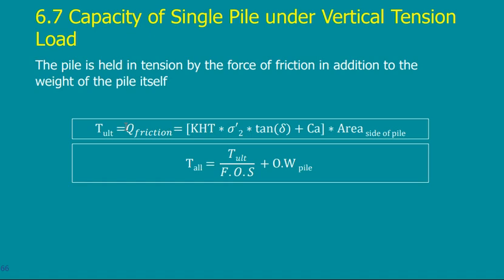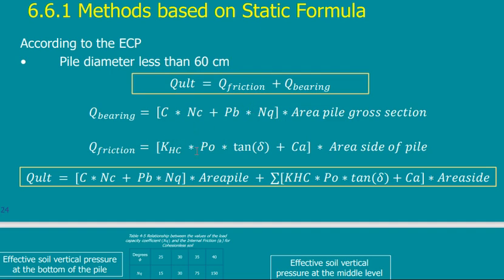As we said, Q friction is the value of the friction multiplied by the area of the sides of the pile. Use any method, but here we have given this method, which is the first method. Why? Because if you remember, in this first method, to calculate the vertical compression force, we are using a factor called KHC. C here means compression.